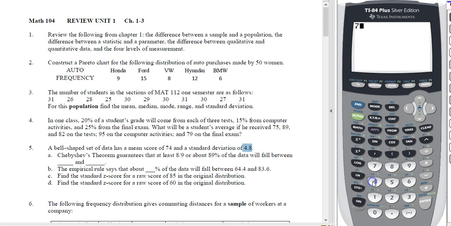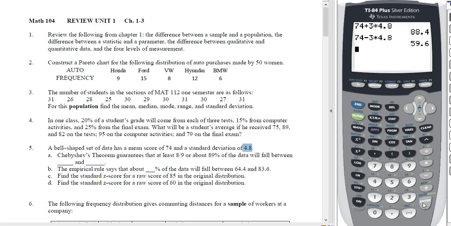So the mean plus 3 times the standard deviation would be the quick way to add it 3 times. That would be the upper number. And the mean minus 3 standard deviations, 3 times 4.8, would be the lower number.